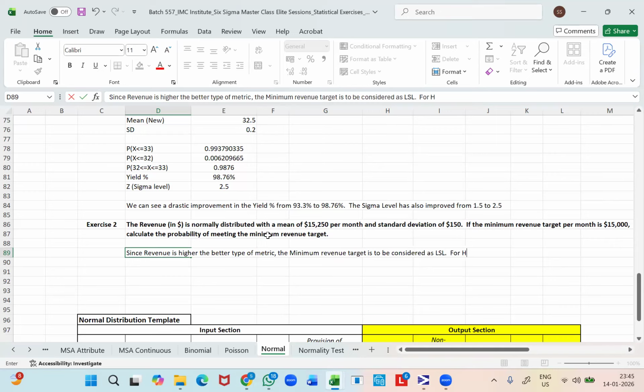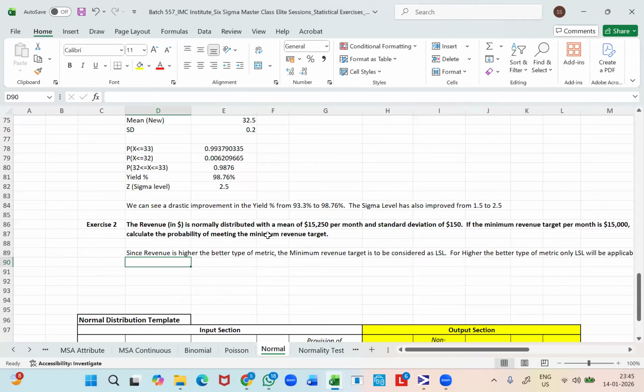And for a higher the better type of metric, only LSL will be applicable. So for higher the better kind of metric, only LSL will be applicable. Right?